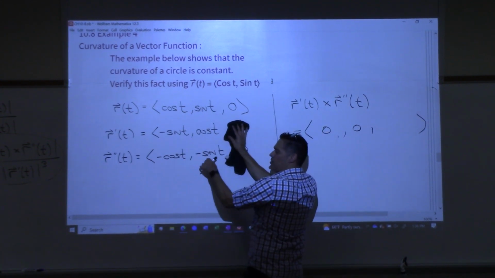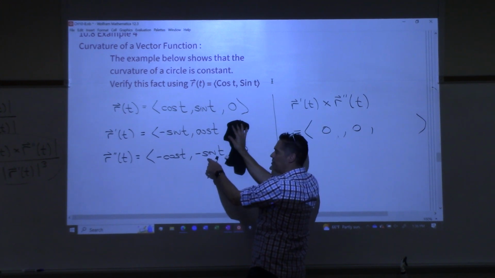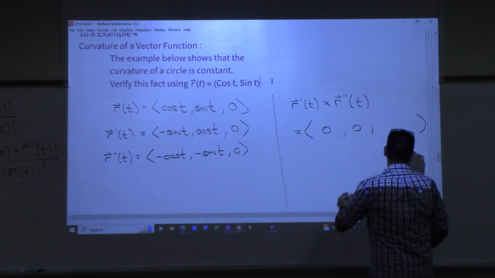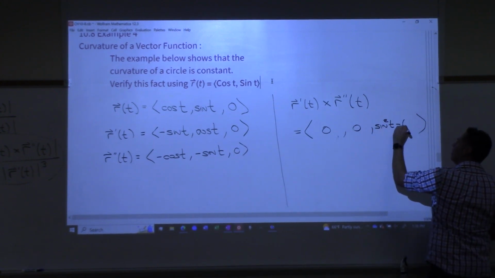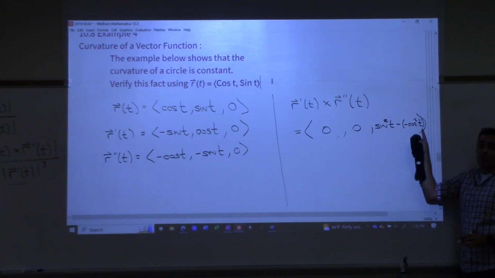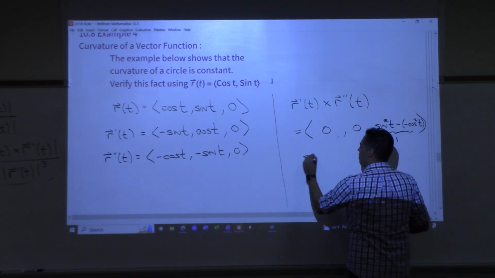So here to here gives you sine squared, right? And then minus negative cosine squared t. So this really becomes sine squared t minus negative cosine squared t, but that's the same as sine squared t plus cosine squared t, so this is really 1, right? It's 1. So we get the vector 0, 0, 1.